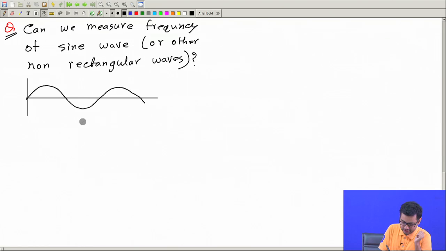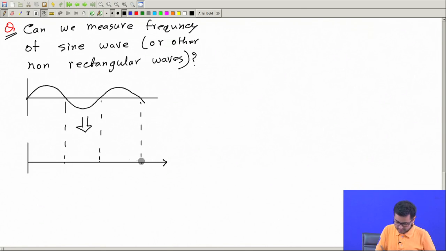So, this is the sine wave. We will convert it into a rectangular wave with the same frequency, that is important. Say we will do it like this. Here it is 1, here it is 0, then 1 and so on.